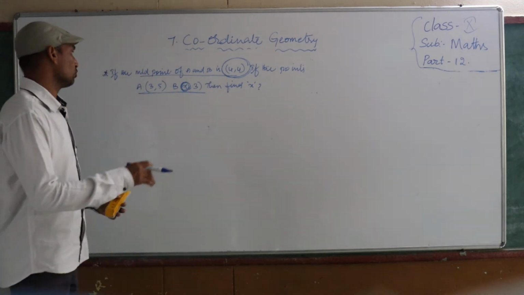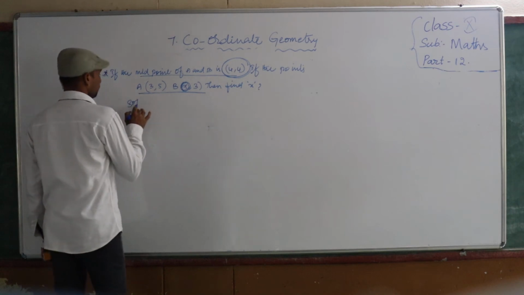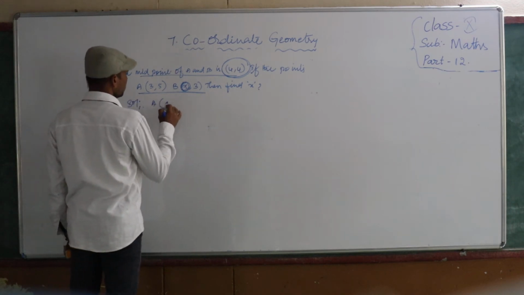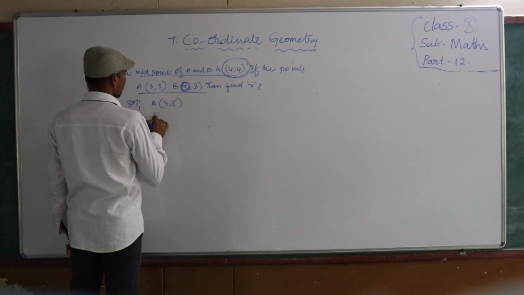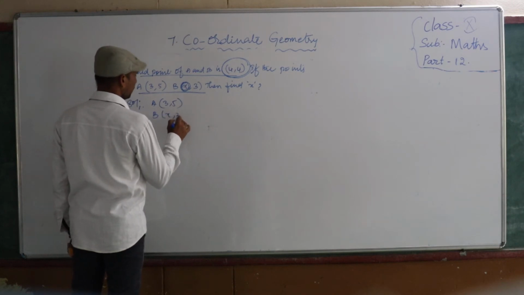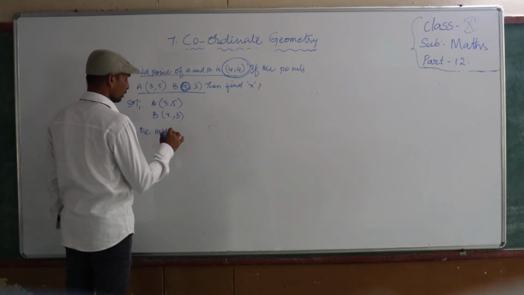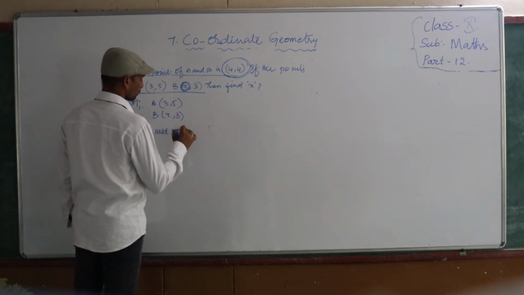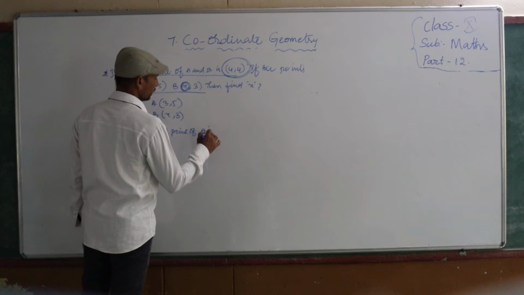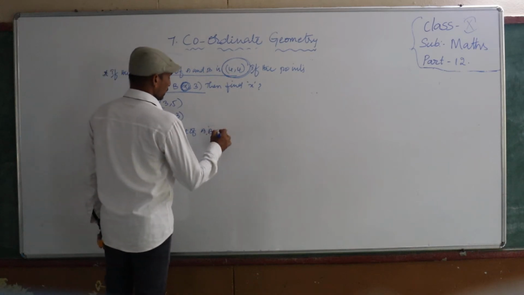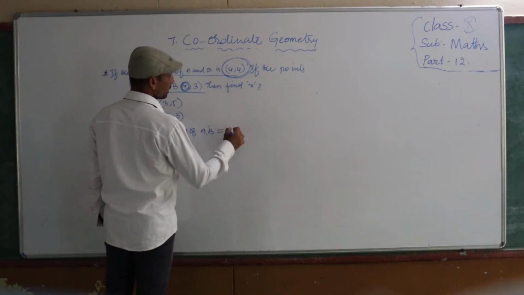So according to this, A is equal to (3, 5), B (x, 3). Right, the midpoint of AB is equal to how much is given?